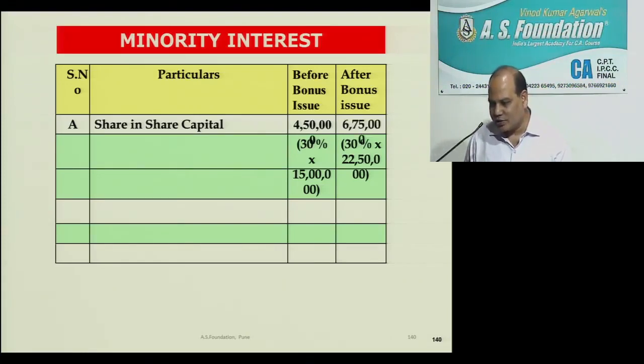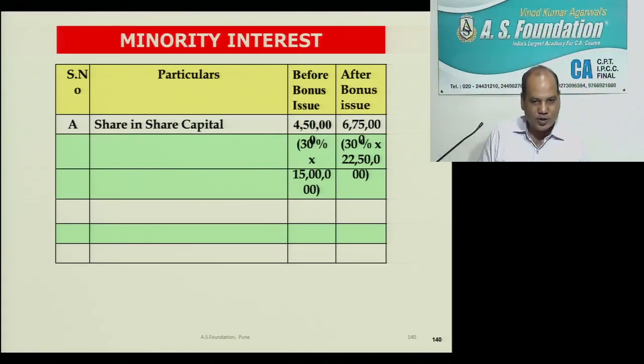Why 6,75,000? 30% of 22,50,000. I have given some space for writing calculation, so that you can write 30% of 15 lakh in the first column and 30% of 22,50,000 in the second column.